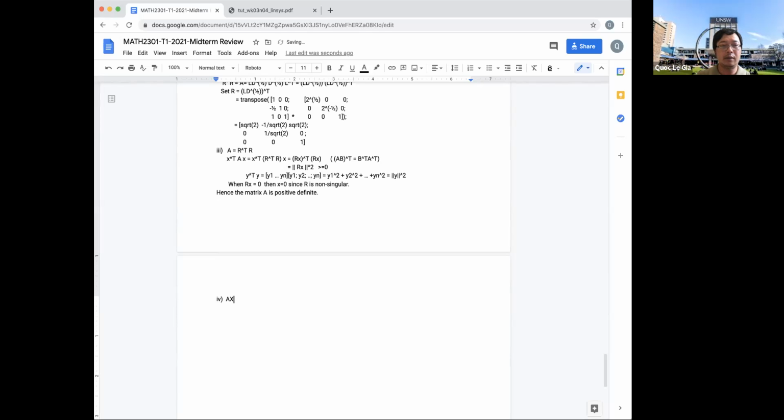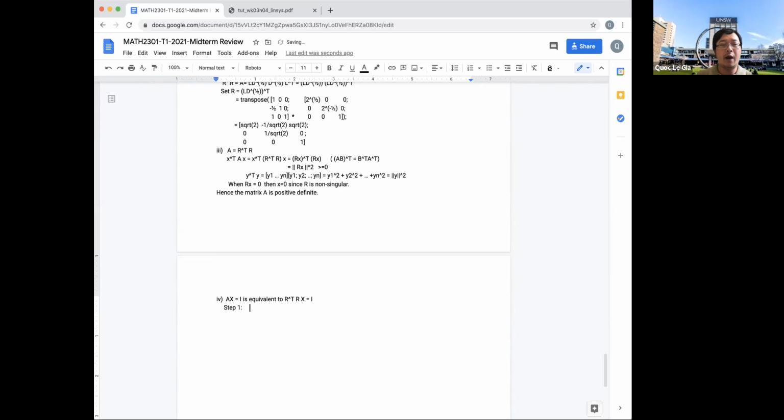AX equals identity is equivalent to R transpose R X equals identity.